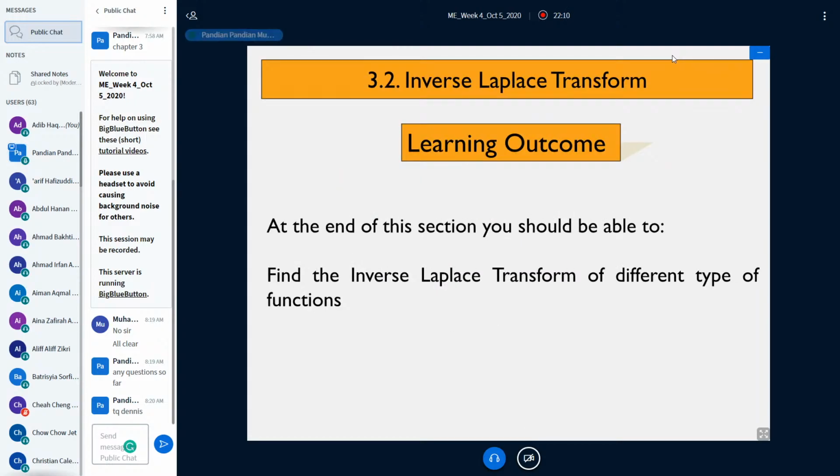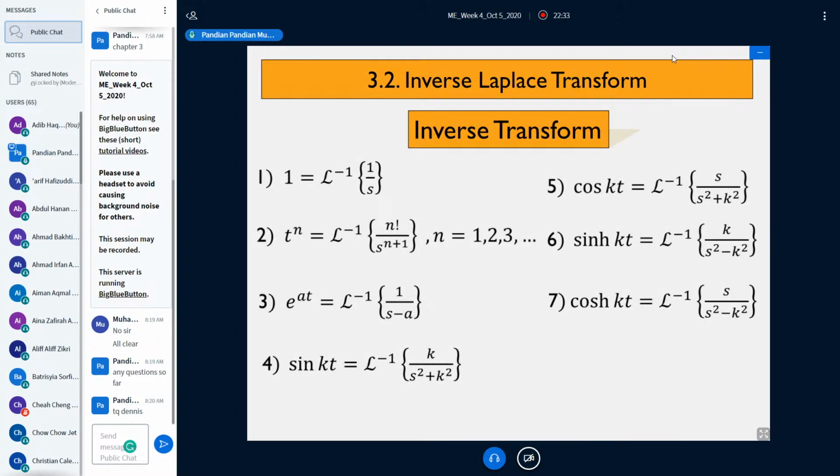At the end of the day, you must find the inverse Laplace transform for different types of function, especially polynomial t power n, exponent e^(at), trigonometric sine and cos, and then hyperbolic functions. If you look at this slide, where do you get inverse Laplace from?